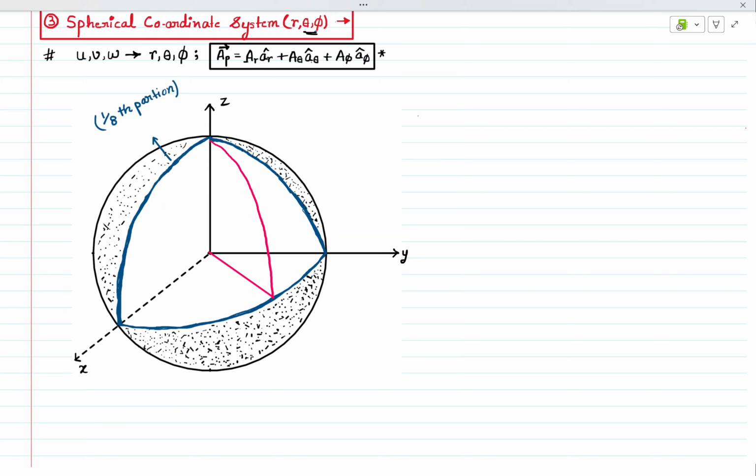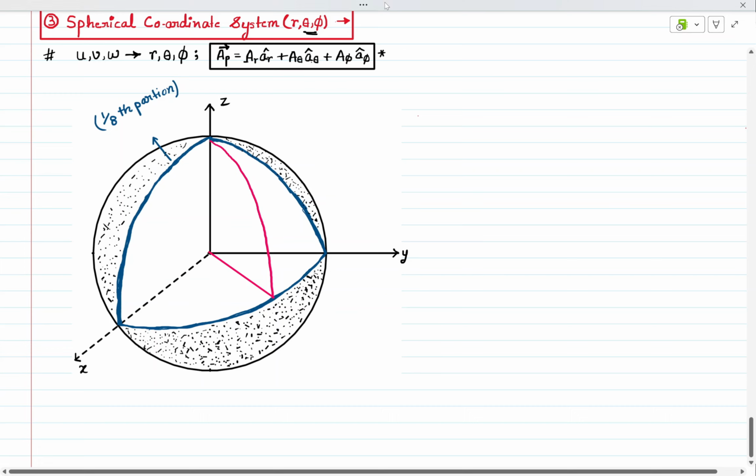If you divide a whole sphere into 8 equal sections, then a single section is shown over here. Because we are considering the positive x, y, and z directions in the derivations, I have considered this portion.